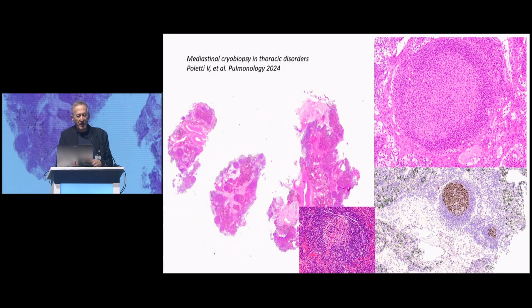We performed EBUS-guided cryobiopsy. You can appreciate the lymph node parenchymal architecture, burnt-out germinal centers, follicular germinal centers rich in follicular dendritic cells and with typical lollipop aspects.